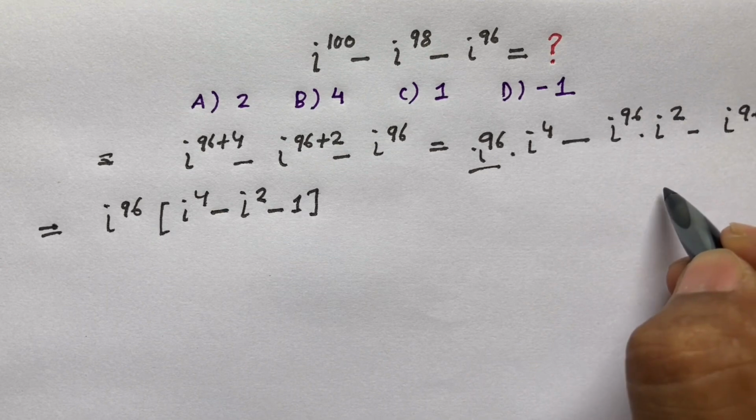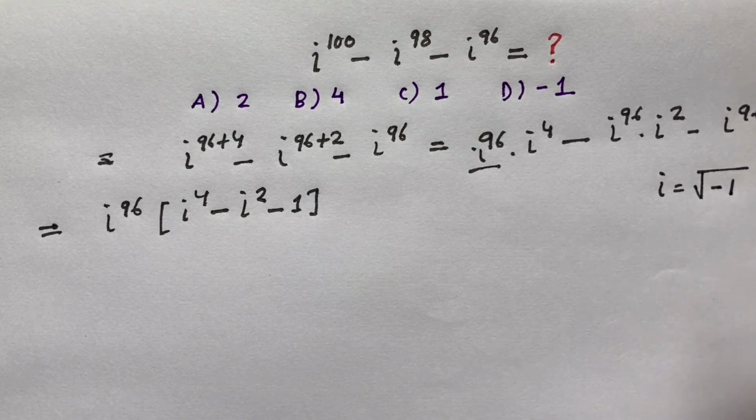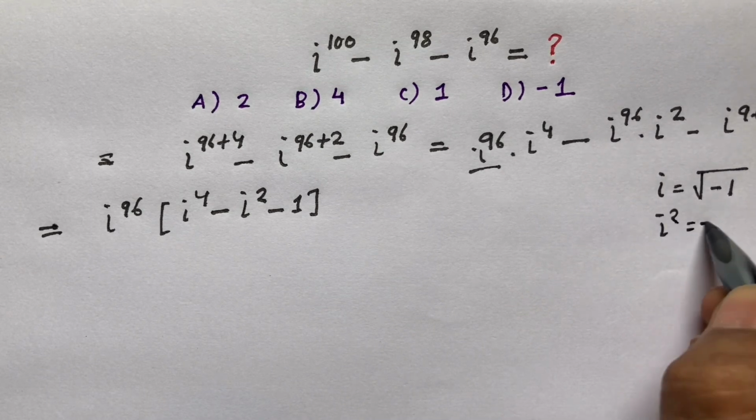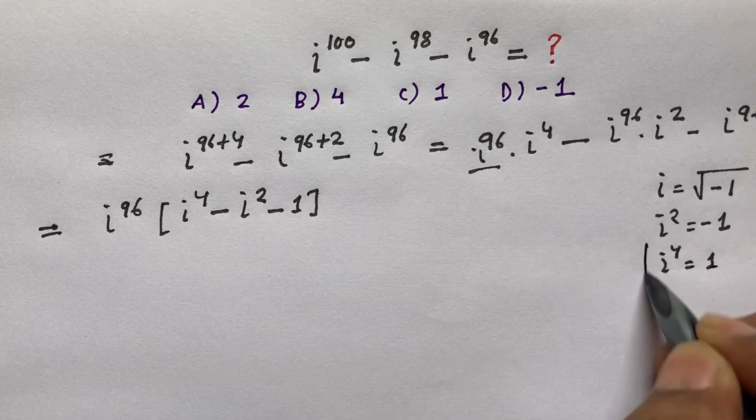As you must know, i equals the square root of -1, and i^2 equals -1, and i^4 equals 1.